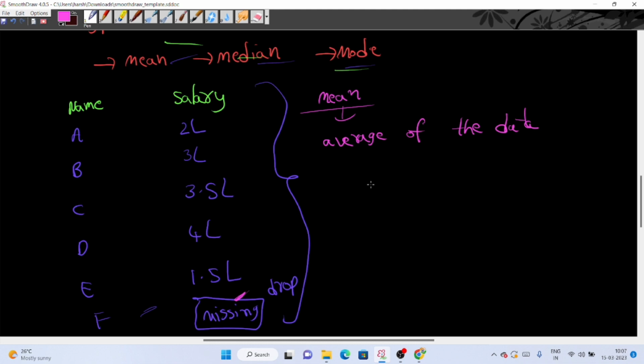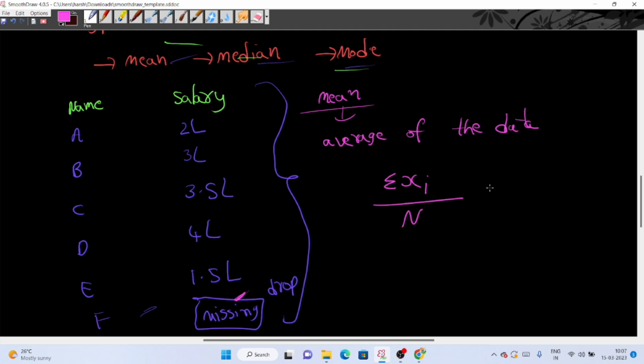I'll tell you that formula too. The formula of mean is the sum of all the data points divided by the number of data points. So for this example, let us try to find the mean and fill the value of F using this mean. That means we are going to replace the value.